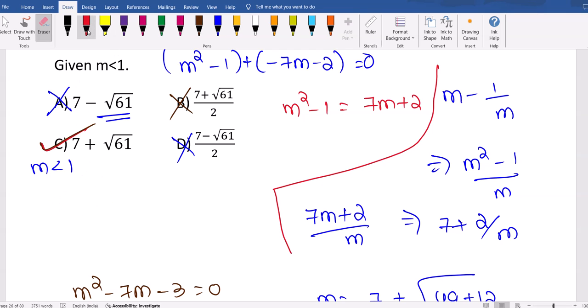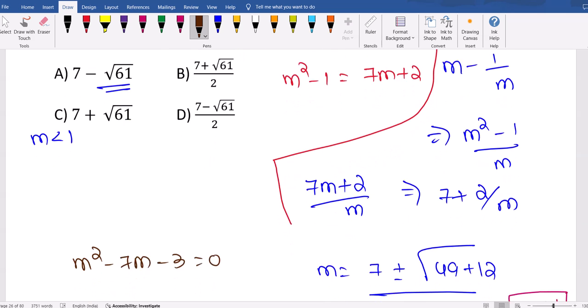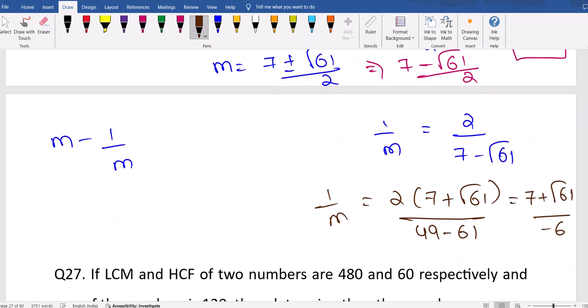If it is between 0 to 1, okay, but this is less than 1, so I can go for negative values. Negative can also be there. So that was the issue. Fine, we'll see how we're doing the procedure.